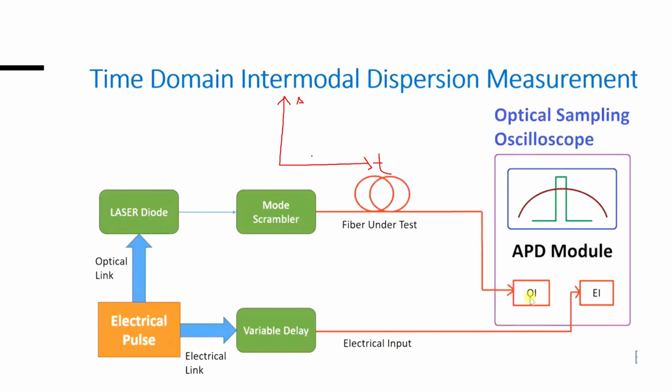So this is the electrical pulse and this is the dispersed pulse. So the graph of the time domain intermodal dispersion will look like this. And this was a simple explanation of this block diagram.